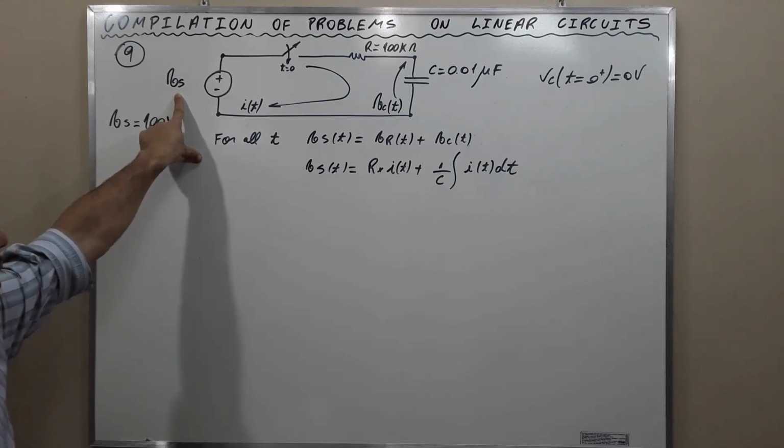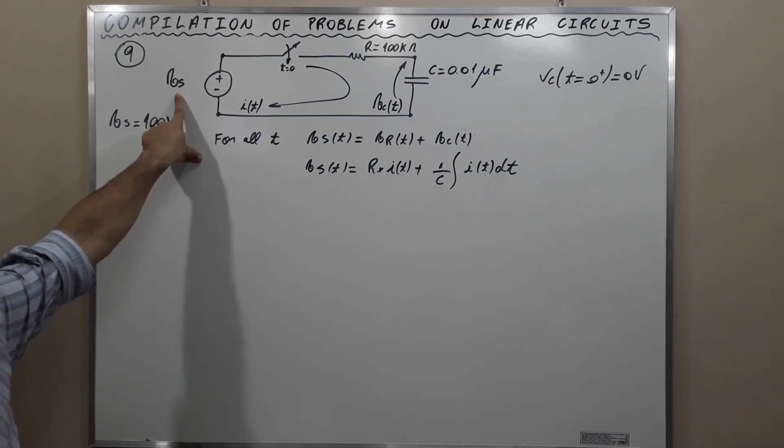Okay? The derivative of a constant is 0.